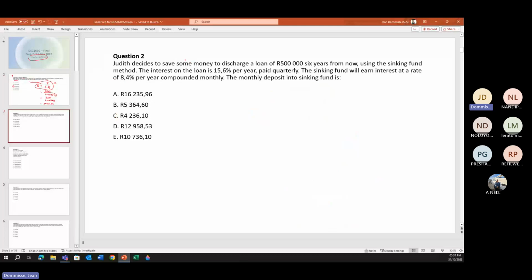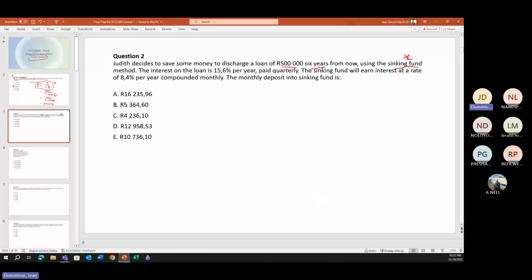Judith decided to save money to discharge a loan of 500,000 6 years from now, using the sinking fund method. Again in this one, we're nearly jumping around between all the study units, so be aware of that in the exam as well.